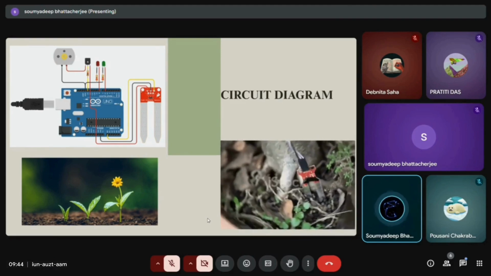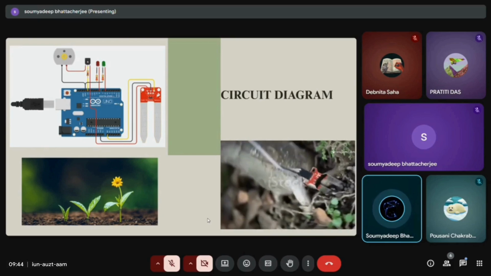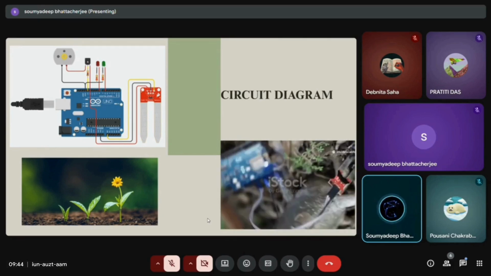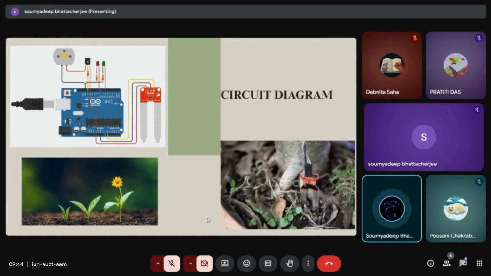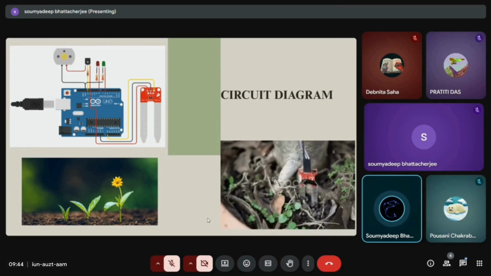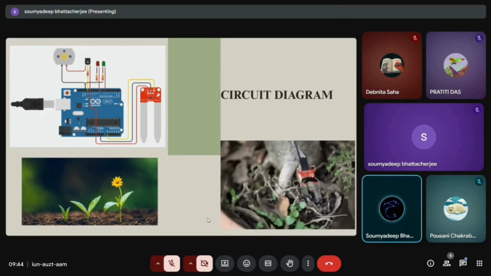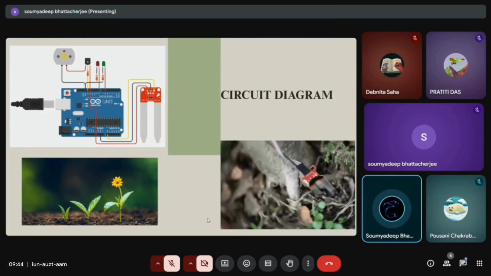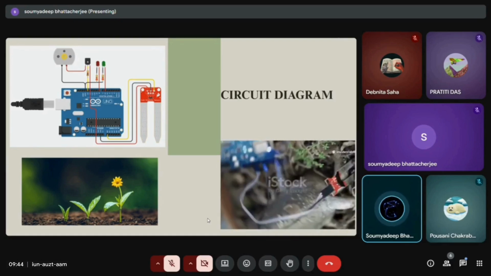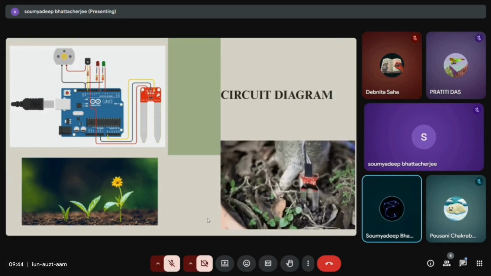It exists on a spectrum. The analog pin reads the voltage from the soil moisture sensor and gives it to the Arduino, which converts it into a number between 0, which is very wet, and 1023, which is very dry, giving us the detailed data we need for precise control.